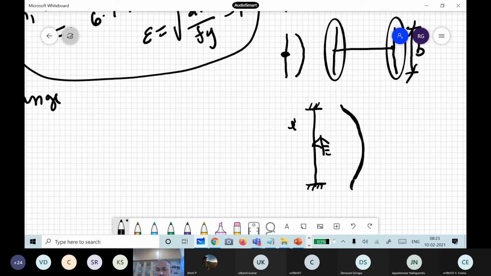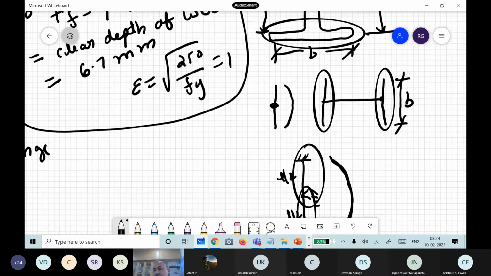Of course the conditions will be different, but you treat it as two separate columns. This is one column, this is another column, and you can handle the case. Here also, because it is joined at the web, our code says if the width is B, you can take B by 2, B by 2.